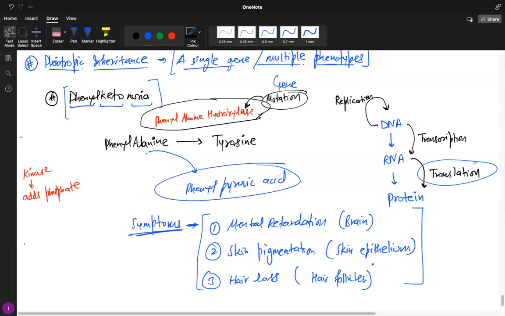So in a normal person, this one single gene is helping us with a normal skin color, pigmentation. It's also helping us with healthy hair follicles. It's also helping us with our ability to learn, understand, speak, which is called mental cognitive capability. Does that make sense, both of you?